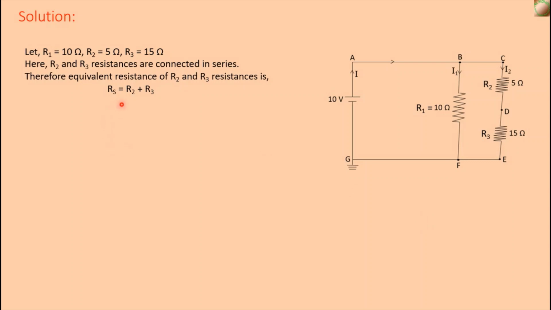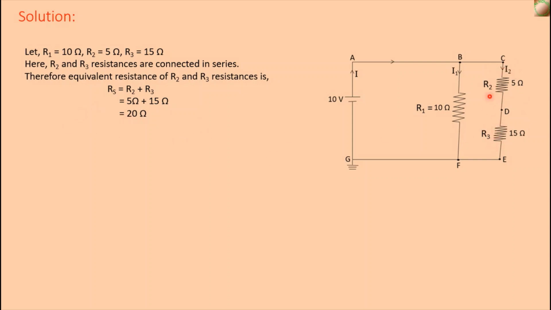Here Rs is equal to R2 plus R3. R2 is equal to 5 ohm and R3 is equal to 15 ohm. Now 5 ohm plus 15 ohm is equal to 20 ohm. That is, the equivalent resistance of R2 and R3 is 20 ohm.